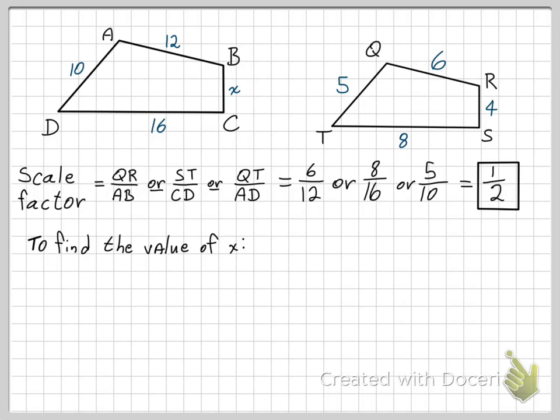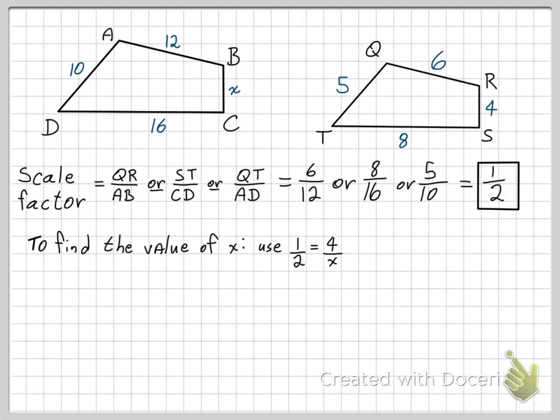And now to find the value of x, we use this proportion. The scale factor is equal to this side divided by this side. These are proportional sides, RS and BC. We're interested in RS and BC because we're trying to find the value of x, which is the length or the measure of BC.